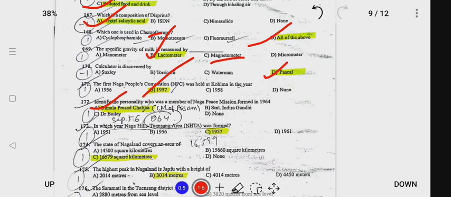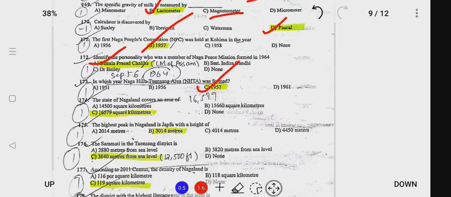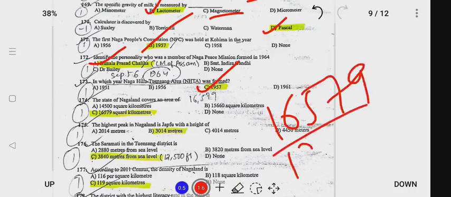Next, the Naga Hills Tuensang Area was formed during the first convention in 1957. The state of Nagaland covers an area of 16,579 square kilometers with a population of 19 lakh.